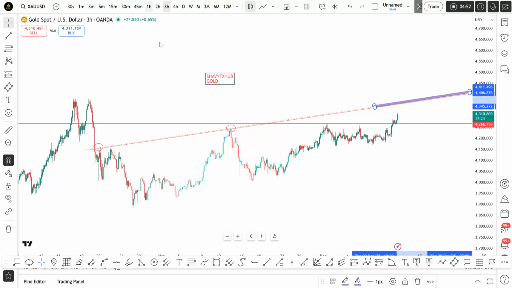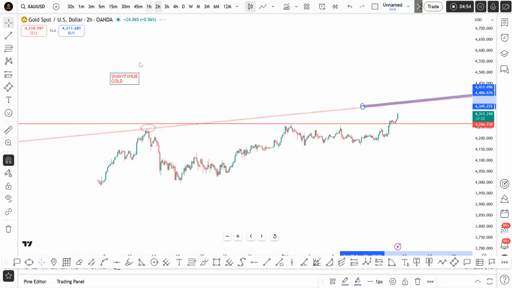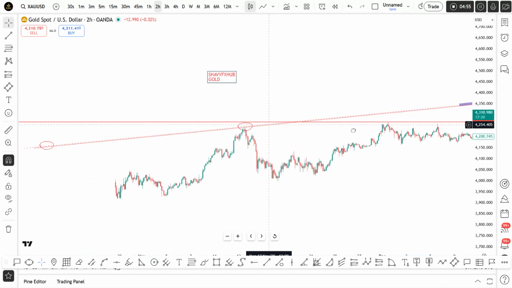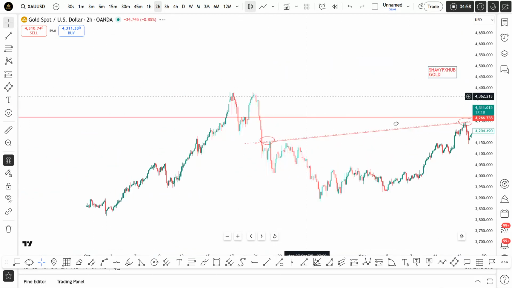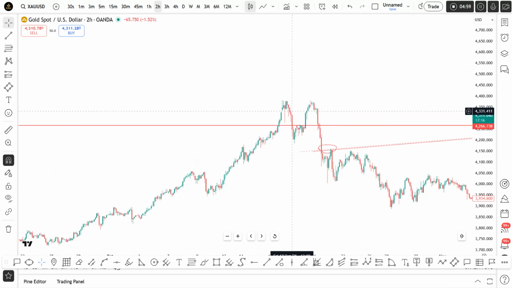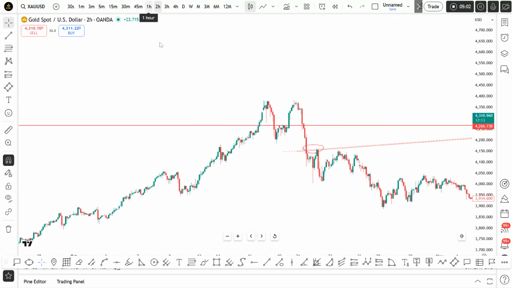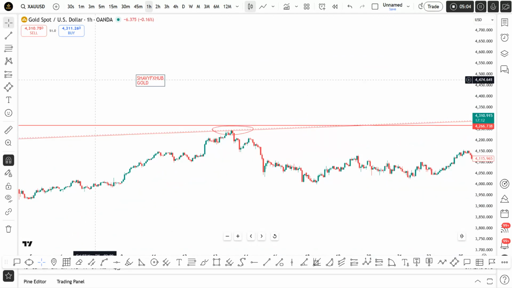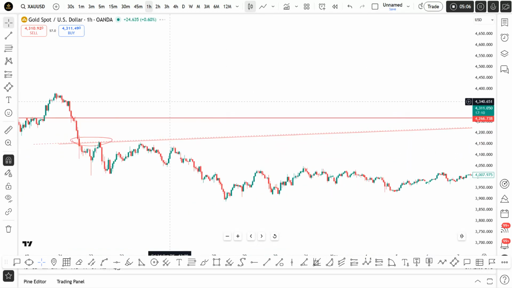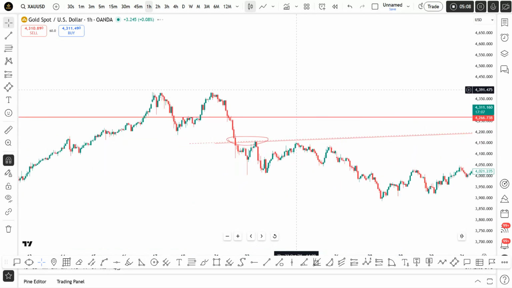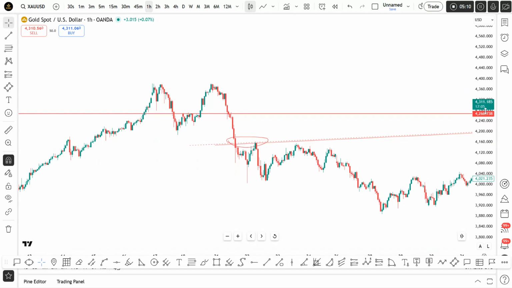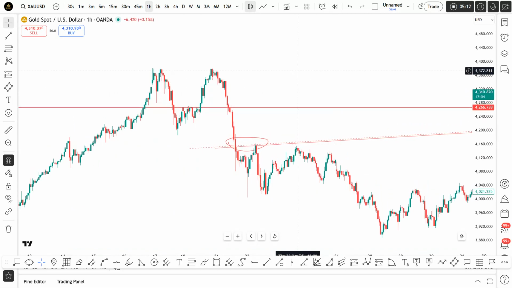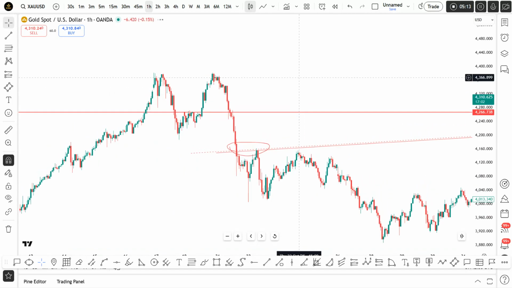So let's look at a lower time frame to see if we're going to find structure. There is no structure here. In 2 hours, there's no structure in 1 hour. So we found a structure in 1 hour.